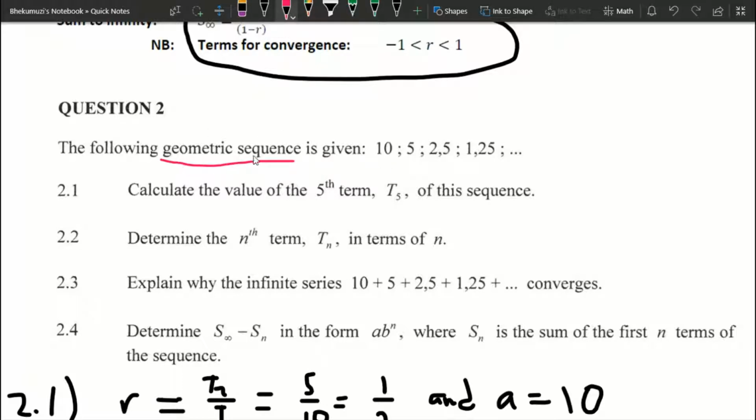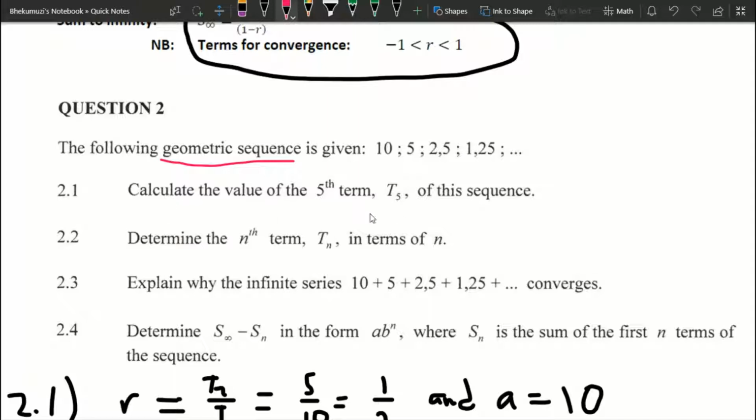It's just a list of numbers that's been placed in some sort of order or in no order at all, right? So we have 10, 5, 2.5, and 1.25. And then they give us some dots, meaning that it continues to a certain nth term or maybe to infinity. So 2.1 says, calculate the value of the fifth term.